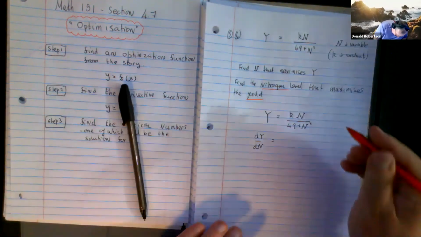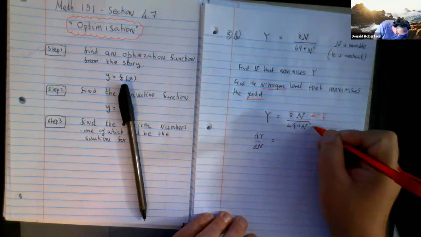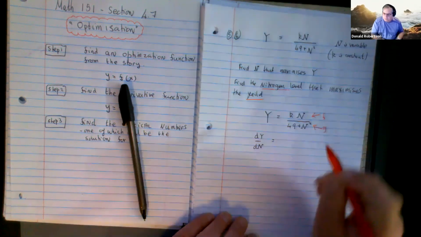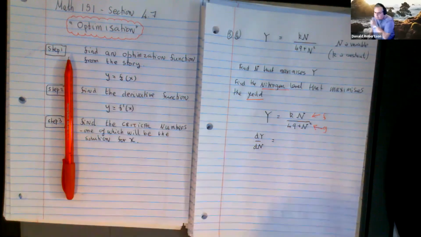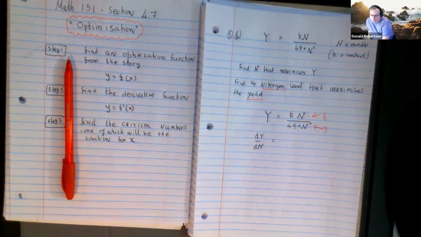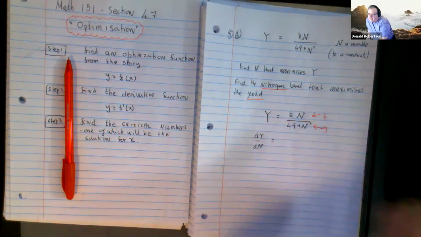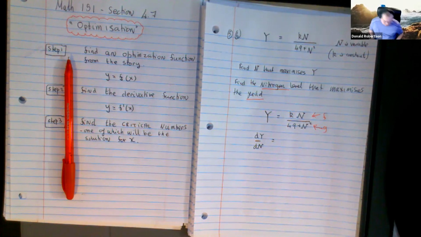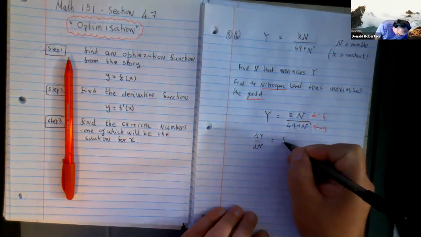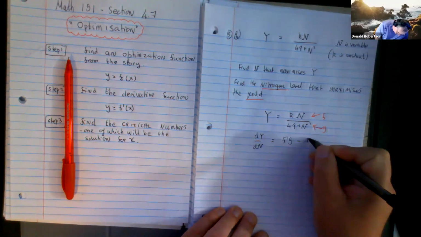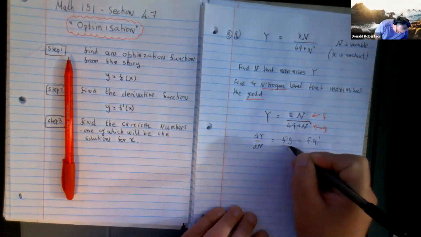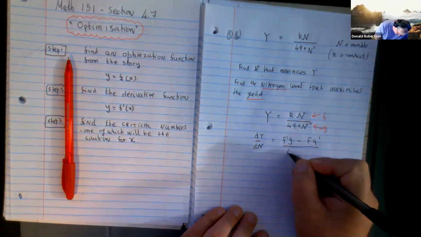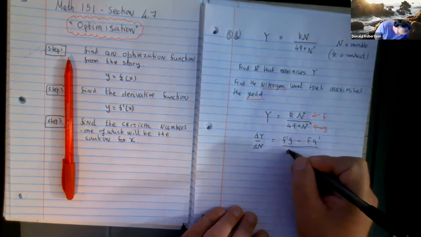Now this guy is a quotient rule. Agreed? Not the worst function. I think the only awkwardness about this is the k. But remember, k is a constant, so just think of it as 42 because it's just a number. So it's going to be f dash g, take away f g dash, all over g squared.